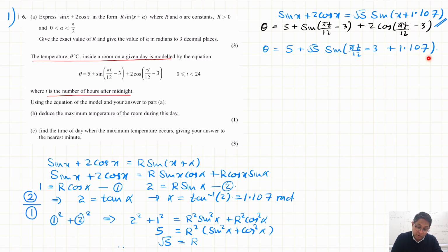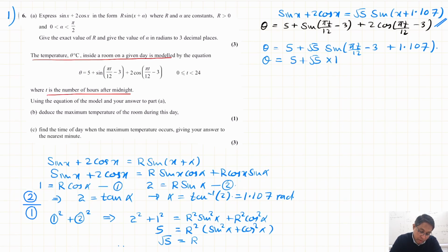According to this expression, theta varies because of this sine function. Therefore, theta would get its maximum value when the sine function gets its maximum value. We know that the maximum value of the sine function is 1. Therefore, you can write theta as 5 plus square root 5 times 1. Therefore, the maximum temperature equals 5 plus square root 5 degrees centigrade.